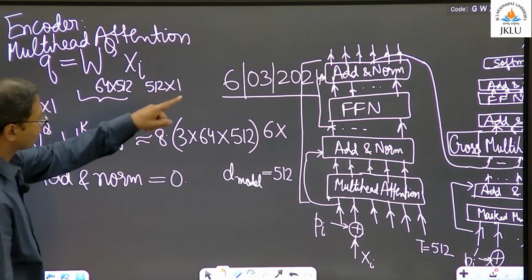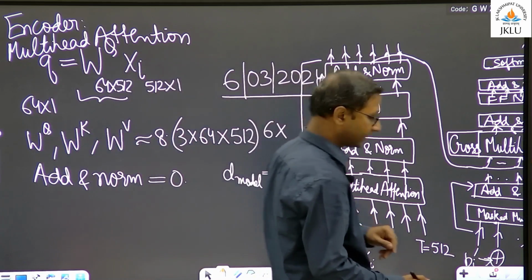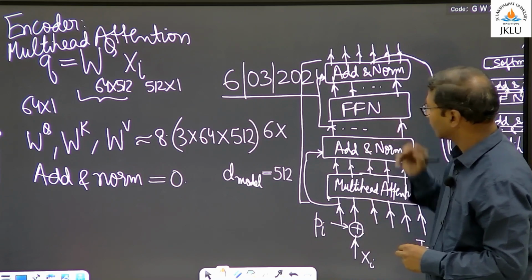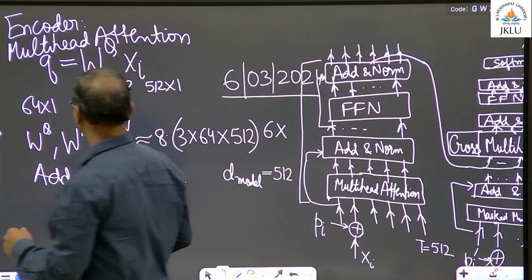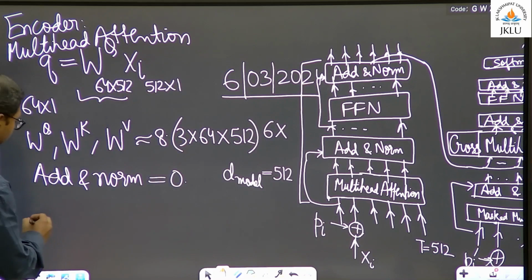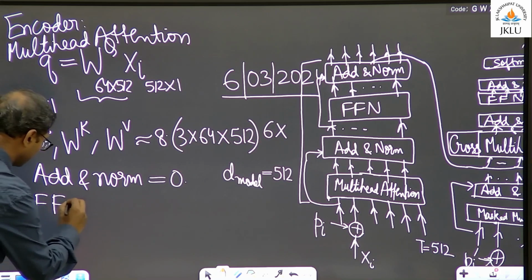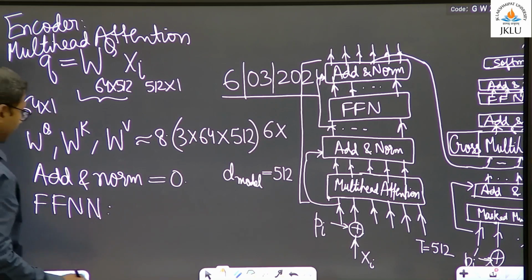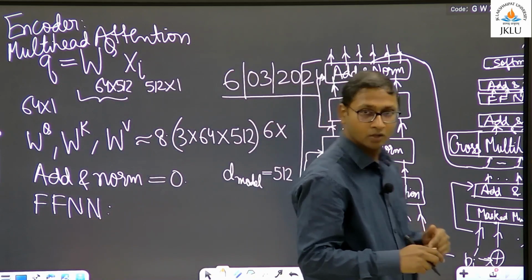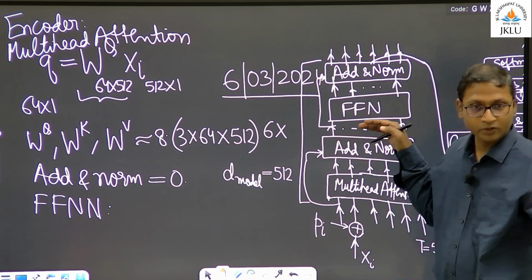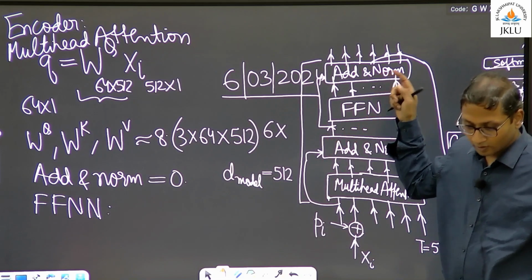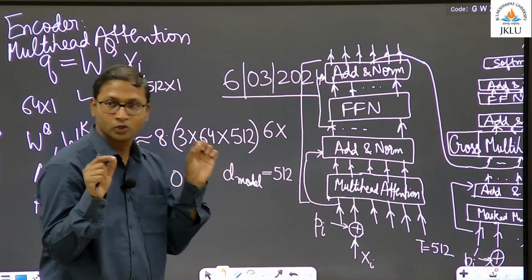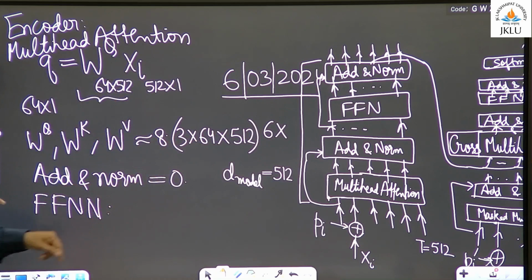Next. What about the feed forward neural network? In this case, what I receive is 512, what I output is 512, and the middle layer is 2048. So this is straightforward.